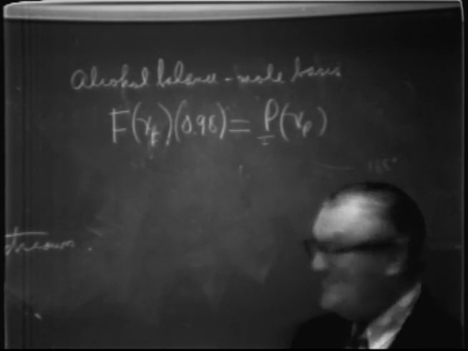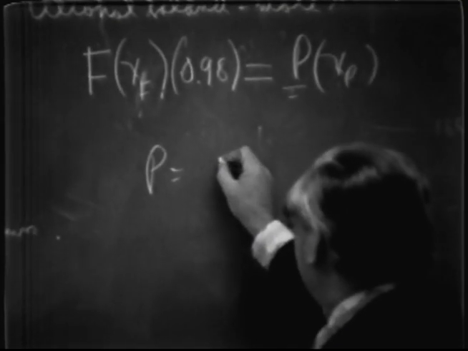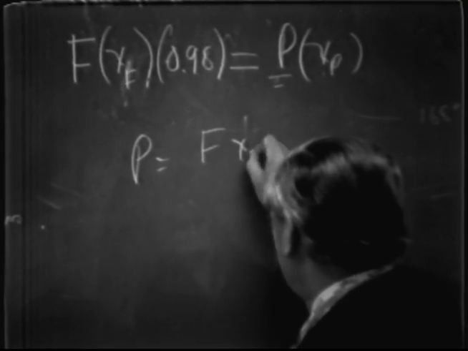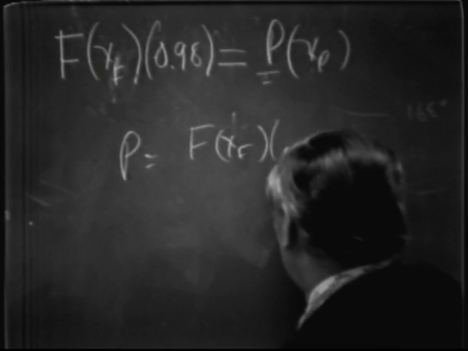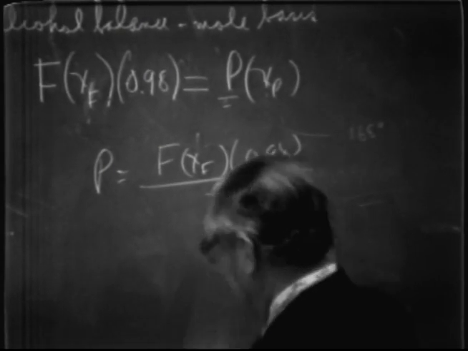So P is equal to F times X sub F times 98 divided by X sub P.